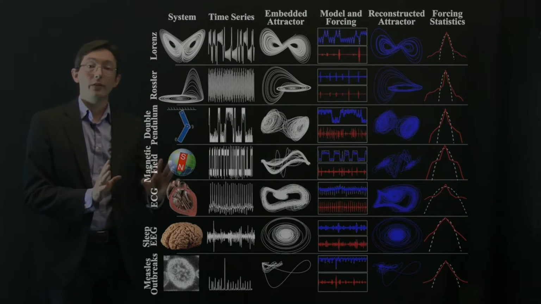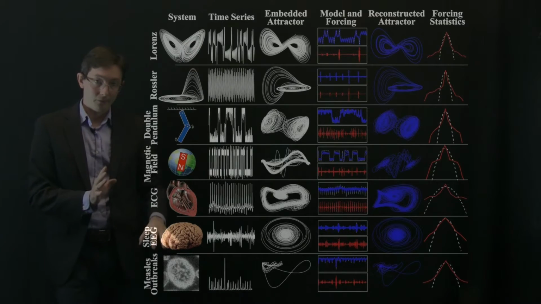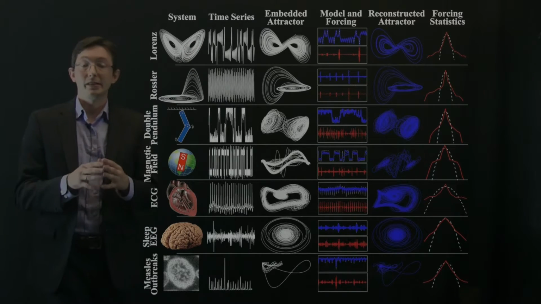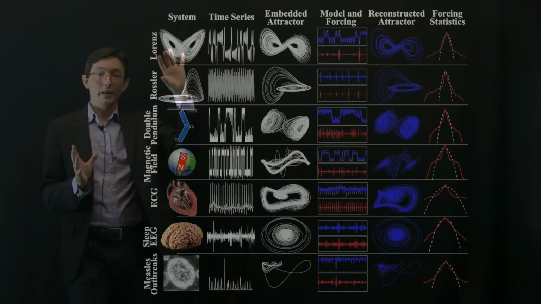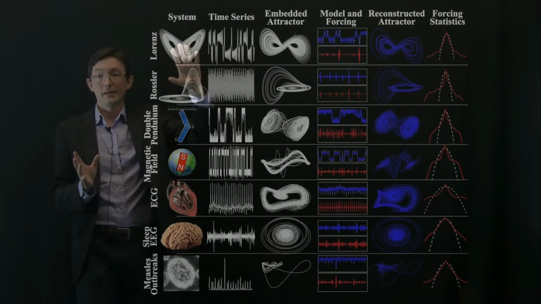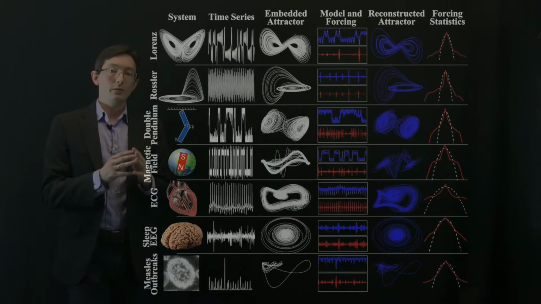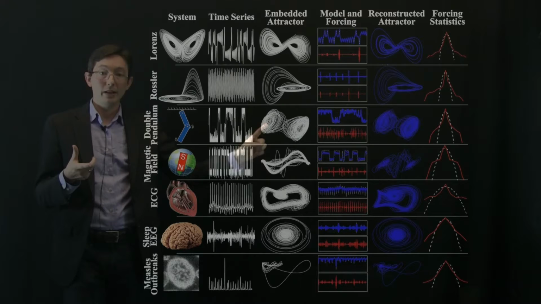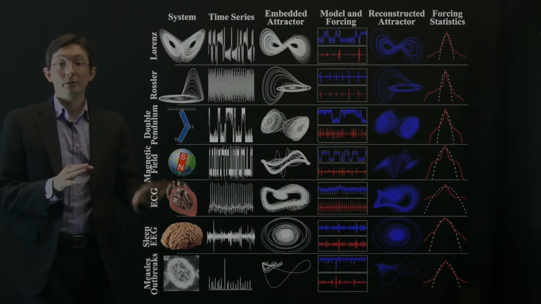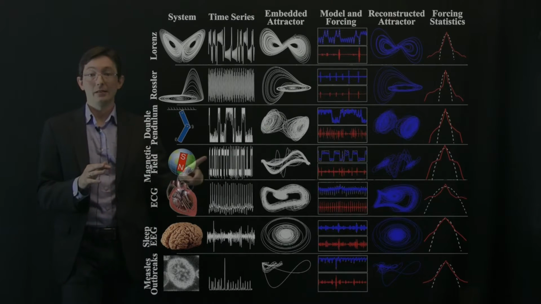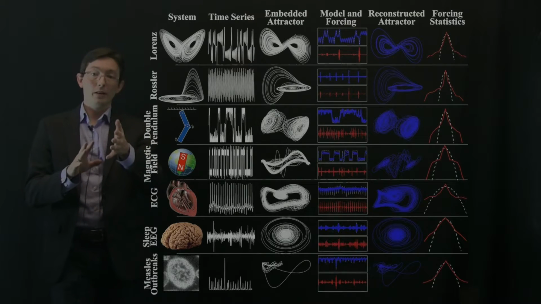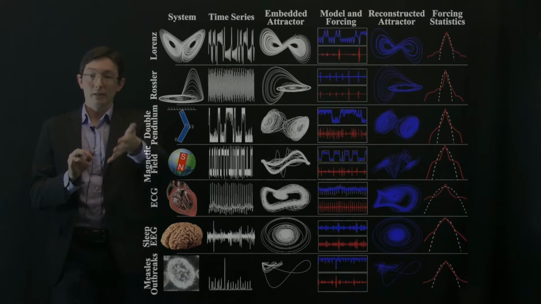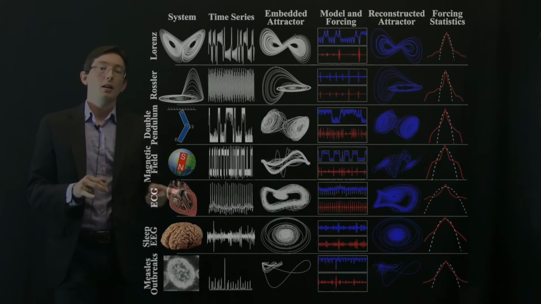So we have gone through and actually applied this HAVOK analysis to lots of systems, from classical chaotic systems like Lorentz and Rossler, to mechanical systems like the double pendulum, to more real-world relevant systems, like time series data for a model of the Earth's magnetic field switching. So this happens every once in a while.